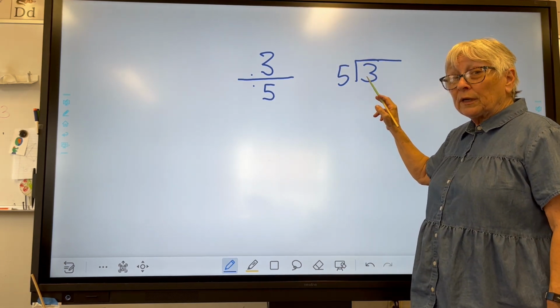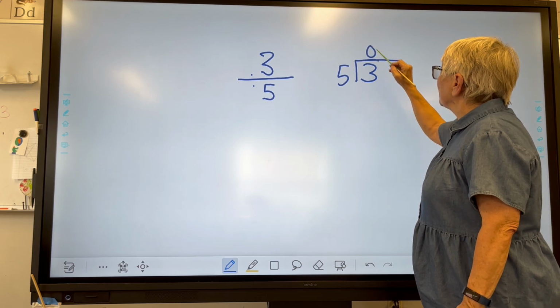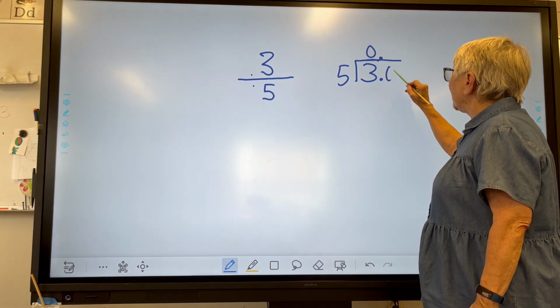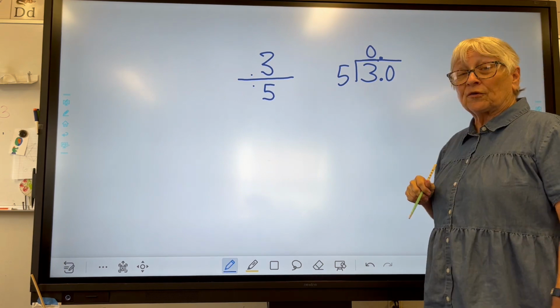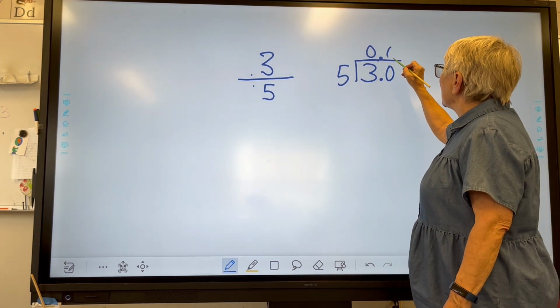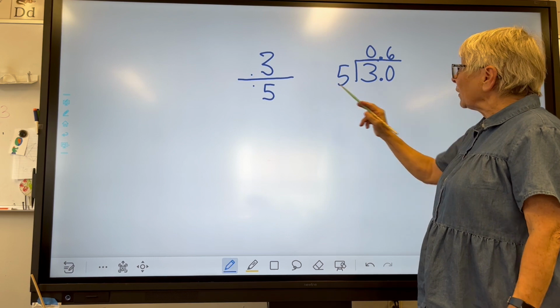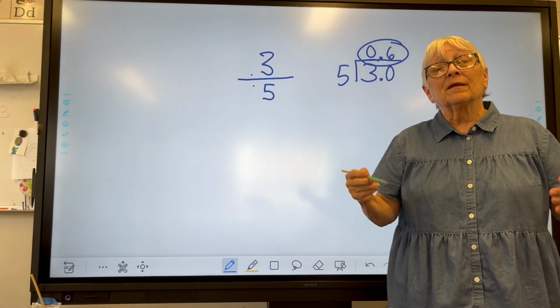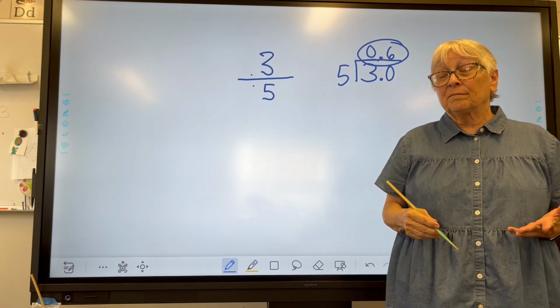Does 5 go into 3? No, so we put a 0, add the decimal, bring it up, and add a 0. Does 5 go into 30? Yes, 6 times. So 3/5 and 0.6 are equivalent.